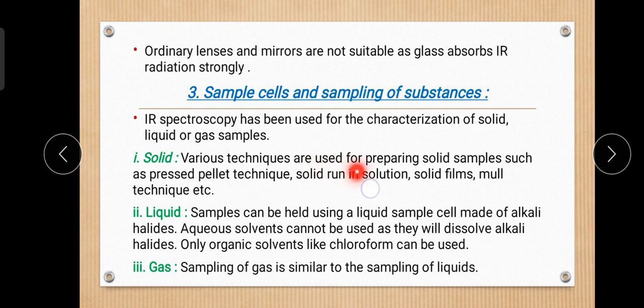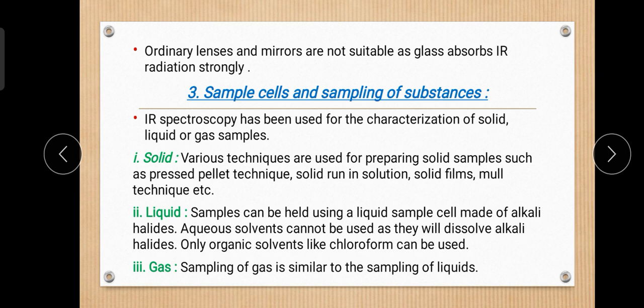Various techniques are used for preparing solid samples, such as the pressed pellet technique, solid run in solution, solid films, and the mull technique. We cannot directly place the solid substance as a sample; it goes through these different techniques so that we get the proper spectrum.